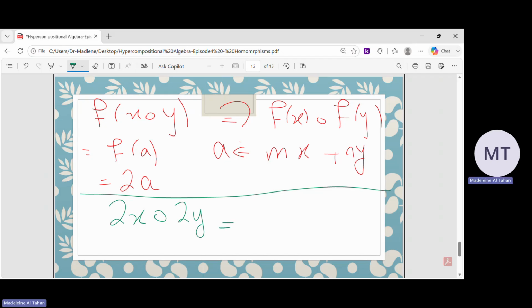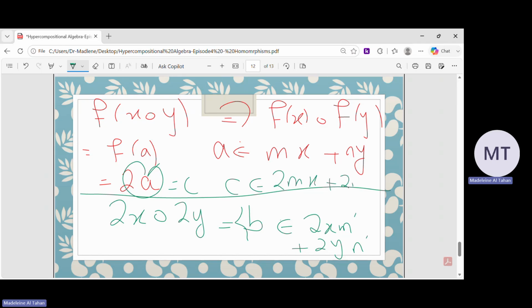This one is equal to elements of the form b such that b belongs to 2x times m prime plus 2y times n prime. So this one is 2a. It means that I can write it as c, with c belonging to 2mx plus 2ny.